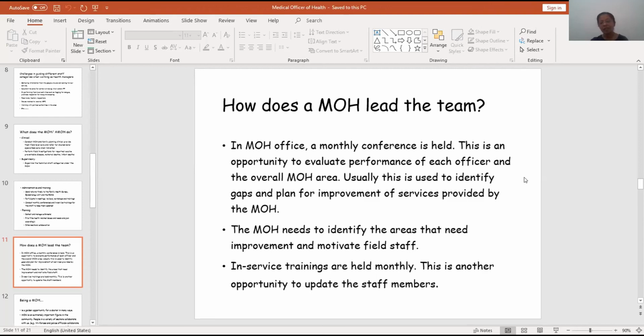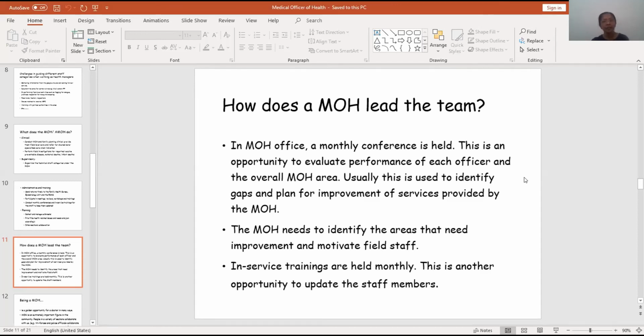Then in-service training. It's very, very essential. It's not a day of the public health nursing system. We are the responsible people to have in-service training because it's only once a month. So you have to be present and discuss one thing with your staff. If you don't have anything to discuss at the monthly in-service training, there are enough books printed by the Family Health Bureau and Epidemiology Unit.